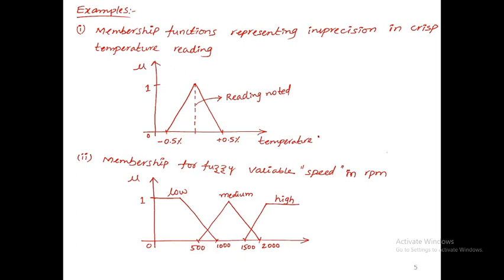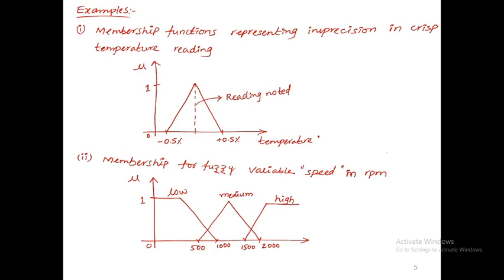If it is less than the noted reading, or greater than it, then it is deviating from the accurate reading, right? So for that we need to give some tolerance, or some different value.